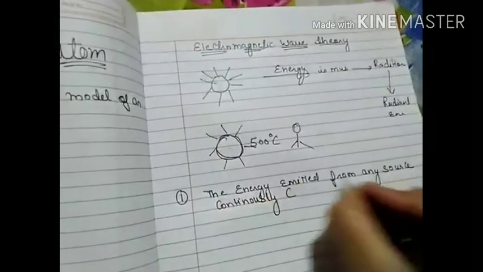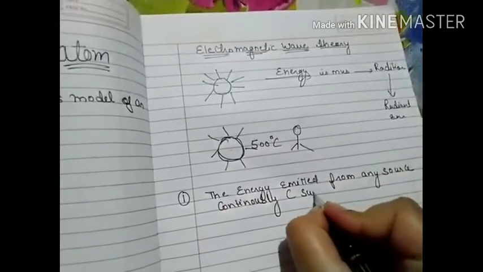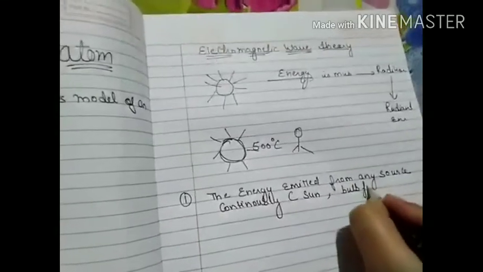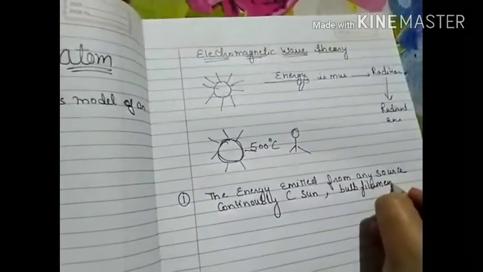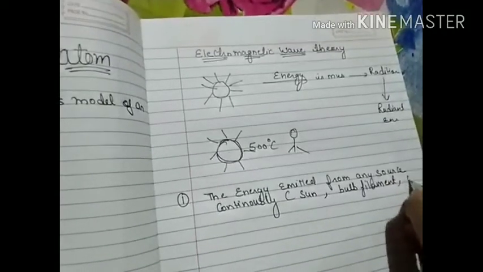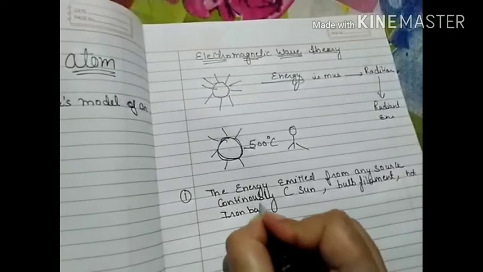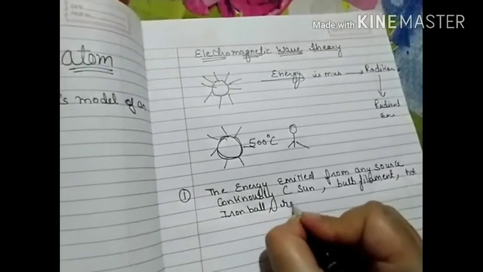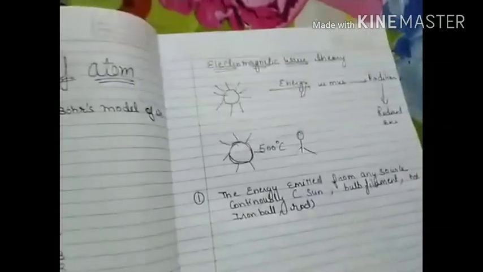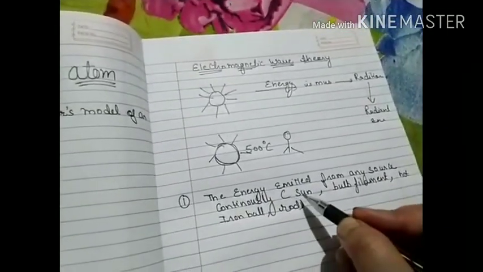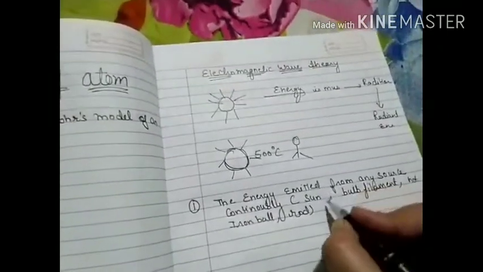These energy emitting sources may be your sun, your bulb filament, your hot iron ball, and any ignition rod. Clear? So the energy emitted from any source continuously is in the form of what?